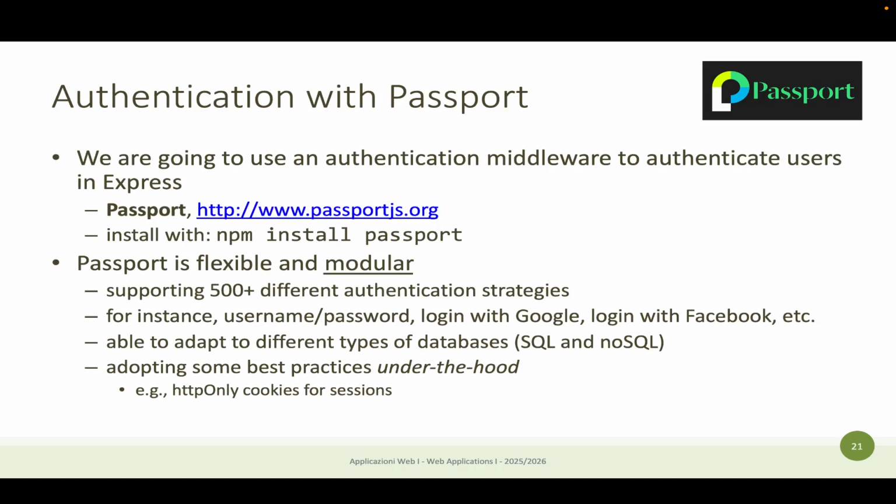So if you have any doubts, it may happen that I also have that doubt. But it allows you to use different kinds of authentication. On that side it is quite flexible, and each way of authenticating a user is called a strategy in Passport.